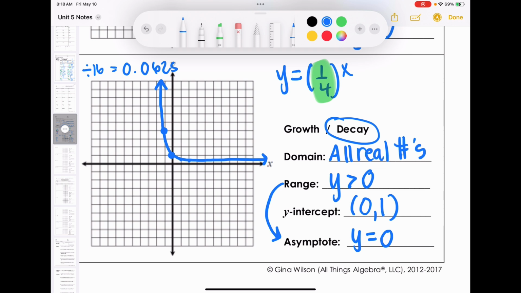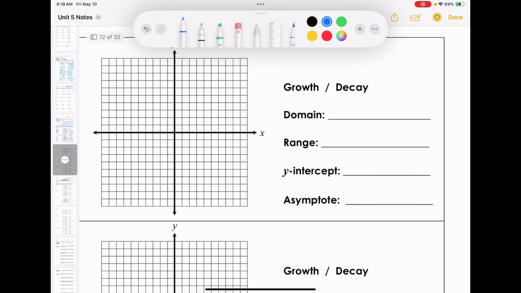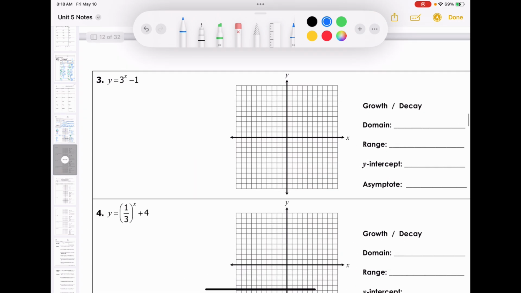All right, let's look at number 3. So we have y equals 3^x minus 1. When we're graphing, I'm going to start out making my xy table, and I'm going to have -2, -1, 0, 1, and 2. Then we're going to plug in our x values for the x function.